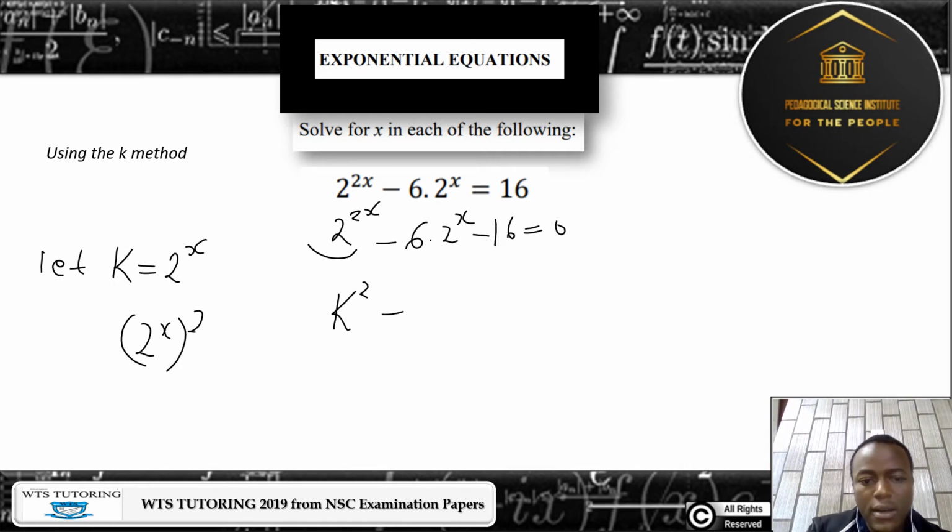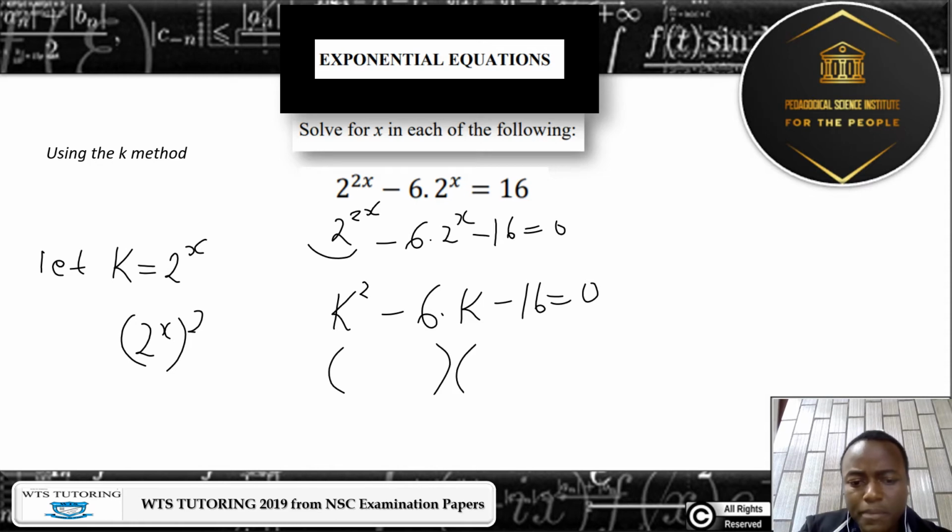It's k squared minus 6k minus 16 equals 0. Then now I can factorize or simply just use the quadratic formula. Don't stress yourself. Me, I'll just factorize, but you guys can use the quadratic formula, or if you can manage to factorize, just factorize.